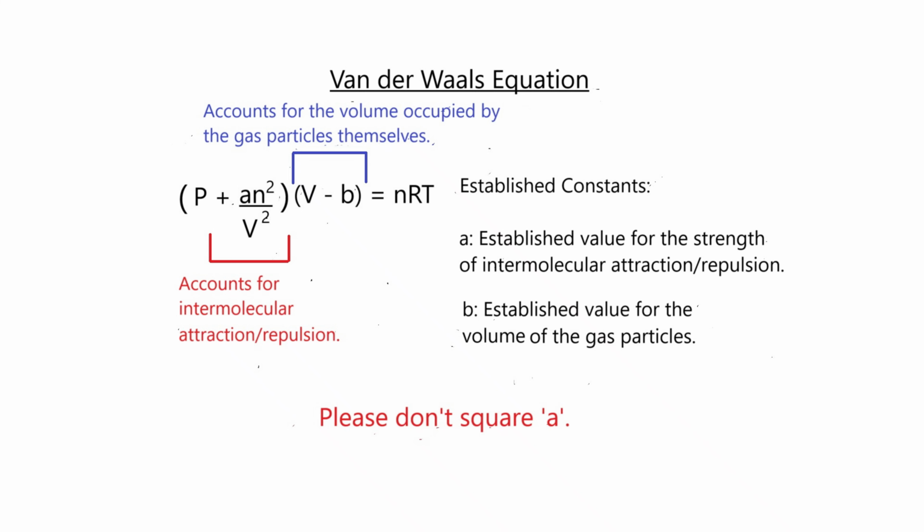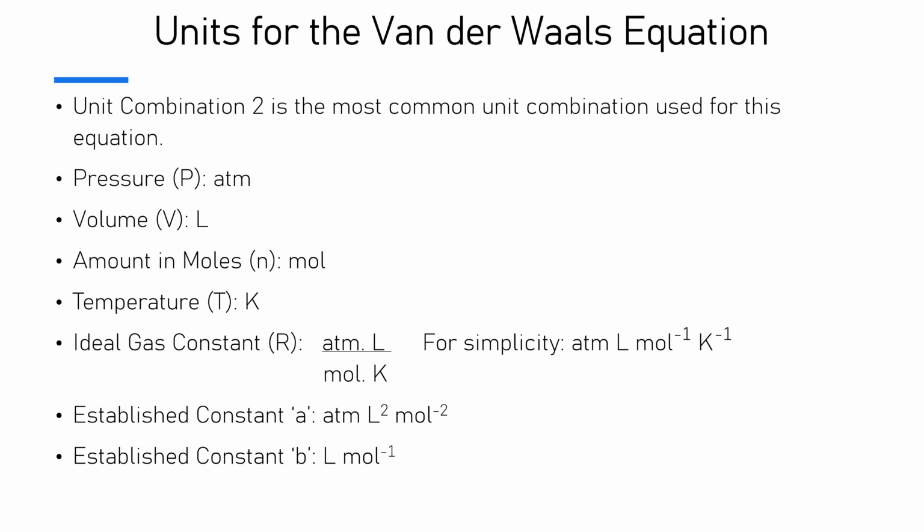So we'll go through a typical question in a bit, but first we need to quickly go through what units we need for this equation. Okay, so typically when using the van der Waals equation, unit combination 2 is the most common choice.